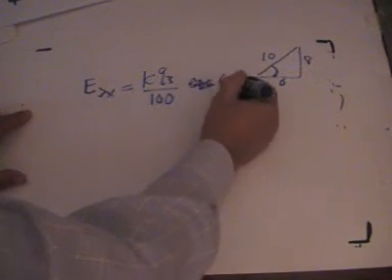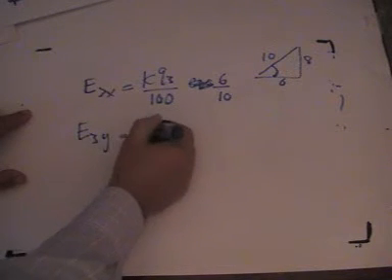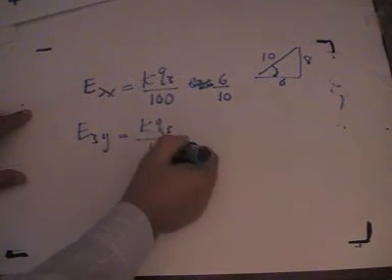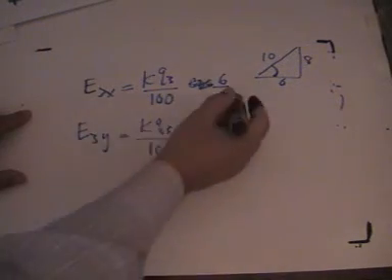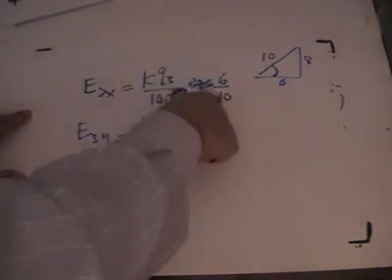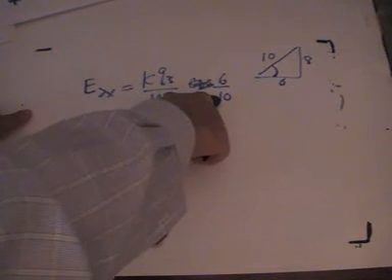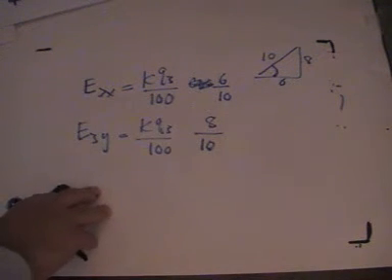So cosine theta is 6 over 10, and E3y is equal to KQ3 over 100 sine theta, which is 8 over 10. And this will be, as I said, added to E1, and this will be subtracted from E3, and then you can find the Ex's and Ey.